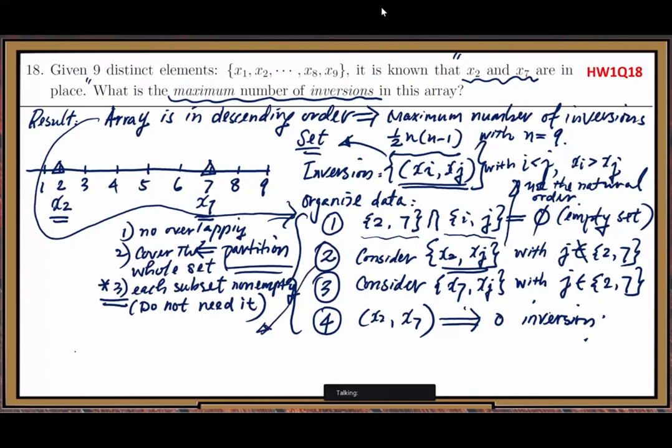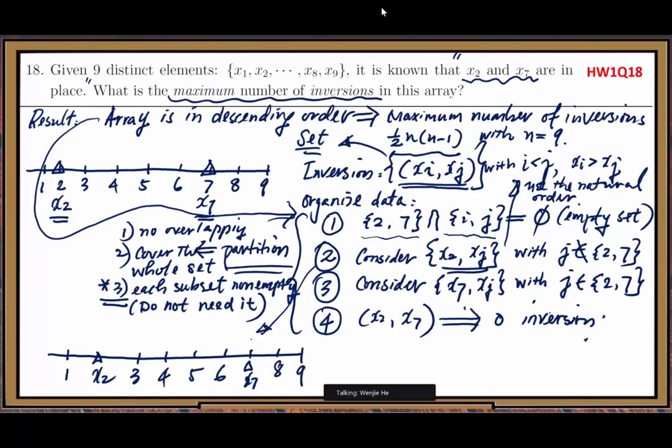All right. Second case: x2 in place. So we consider all the pairs, 1, 3, 4, 5, 6, this in place, x7, and 8, 9.